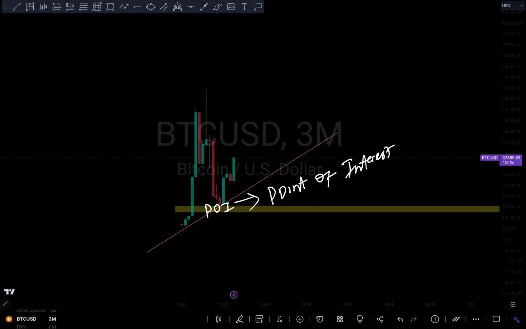And we see that as soon as we got to that zone, I saw this beautiful engulfing candle right here. So that basically indicates that overall the market is going to be a buy on Bitcoin right now. Seeing this engulfing candle, I can just make a decision.